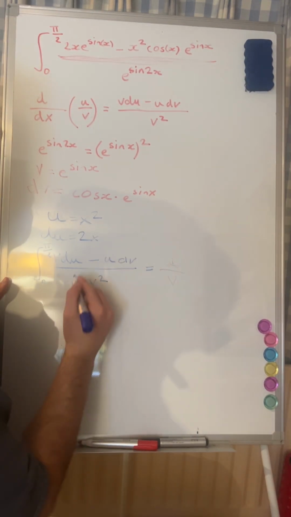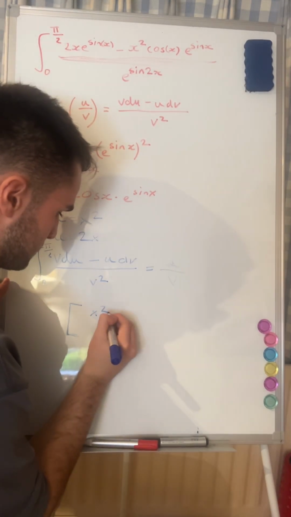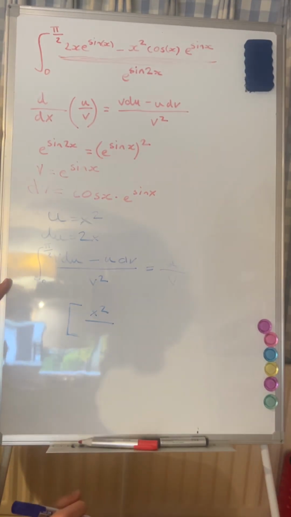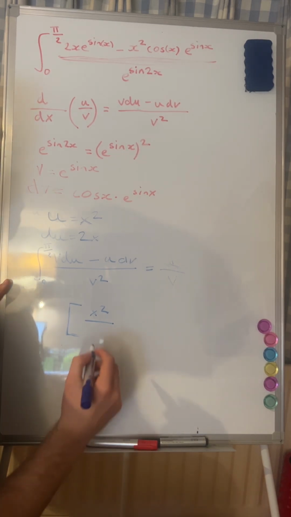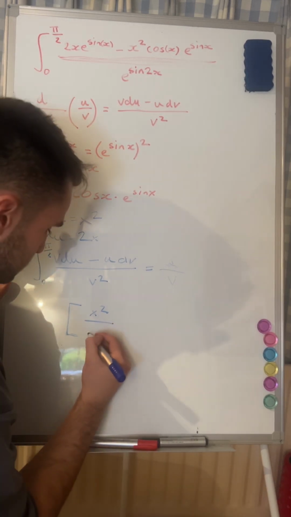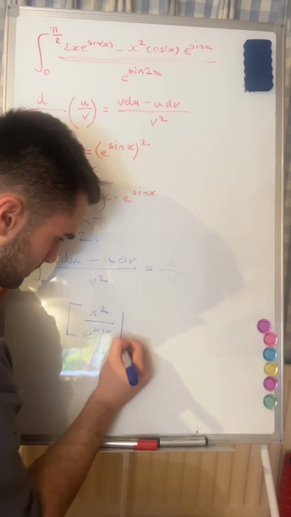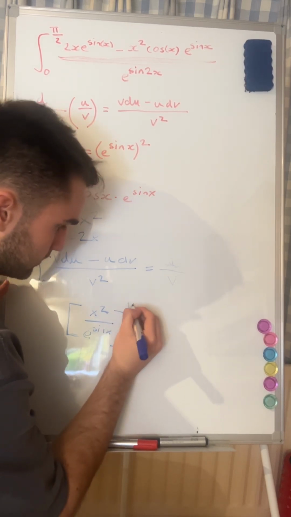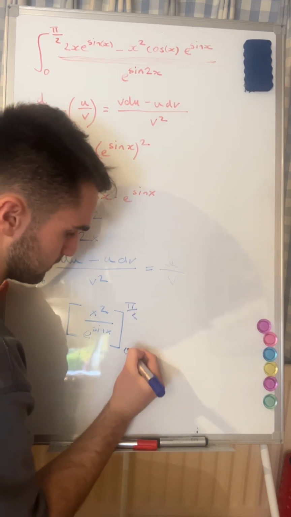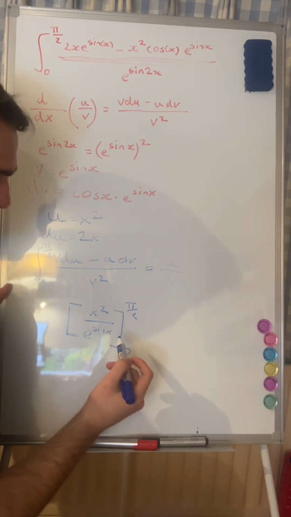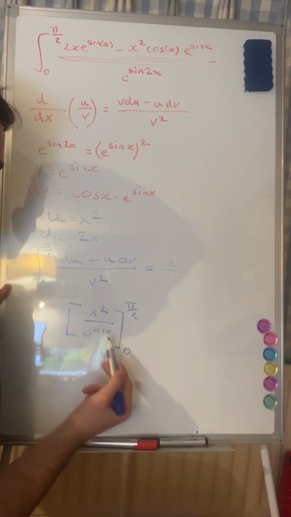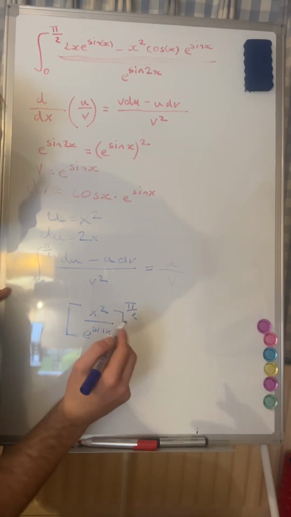u, which is x squared, over v, which is e to the sine x, between pi over 2 and 0. So we know that the 0 term here will just be 0, because 0 over anything is 0.